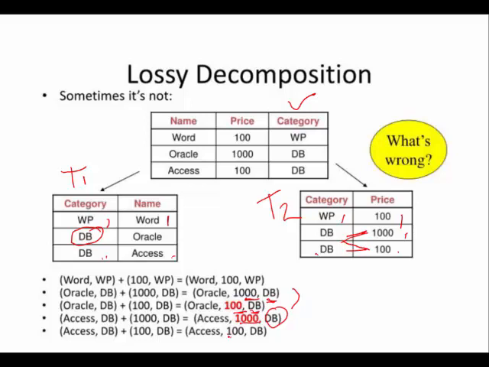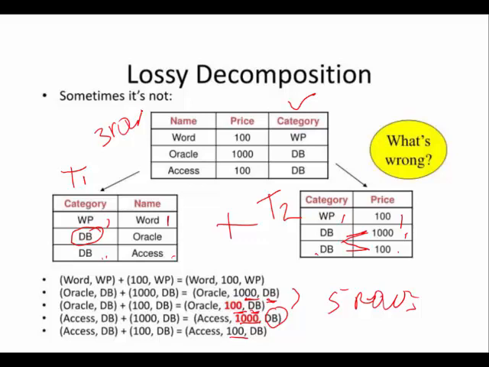This one is 100, this one is 1000. Then we try to recombine it again. After these 2 tables, when we combine T1 plus T2, it will produce 5 rows. And in the original table, we just had 3 rows. So it is an example of lossy decomposition.